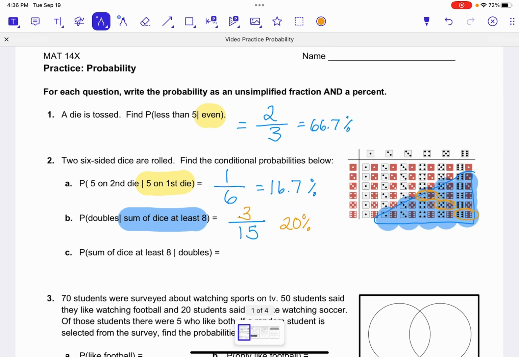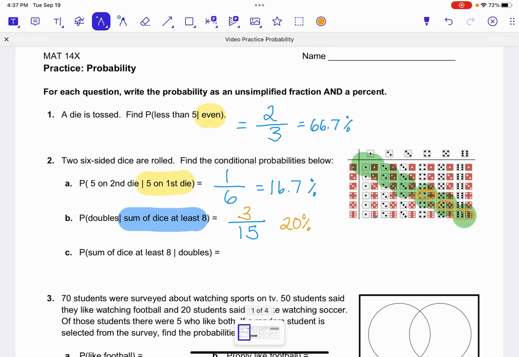The last one flips this around and says, sum of at least 8, given that you rolled a doubles. In this case, we have all of our doubles, and the doubles are right here along the diagonal. 6 and 6 is a double. 5 and 5 is a double that adds up to at least 8. 4 and 4.